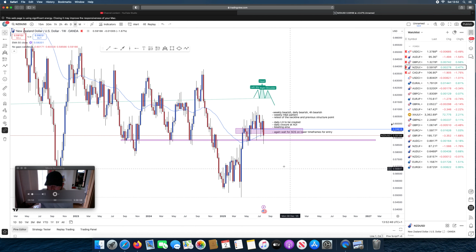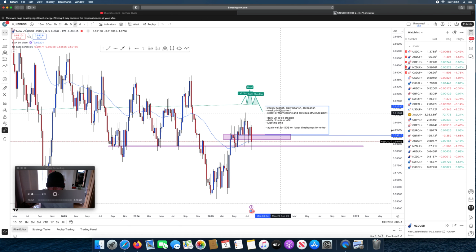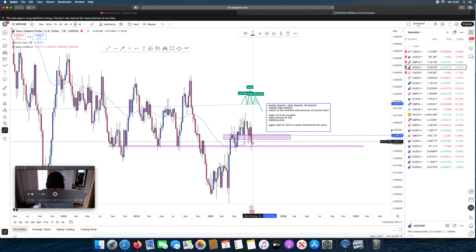So as always, again, we're going to be looking for a retest, which will just be the wick on the next weekly candle to wick into this area of interest, which is also going to be testing the head and shoulders for it to then roll down, looking for targets to this area here.